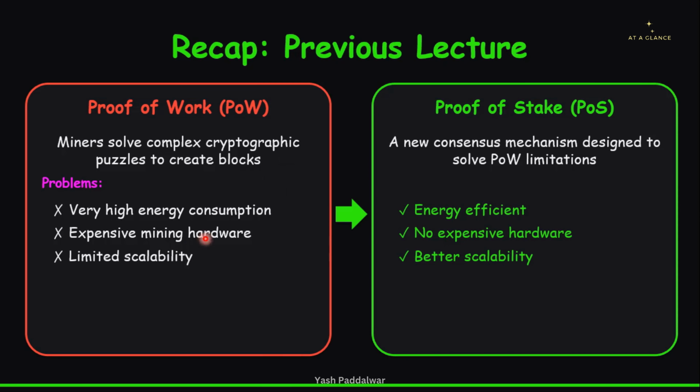So to overcome these problems, proof of stake came into existence. It is a new consensus mechanism which is designed to solve the POW limitations specifically. It is energy efficient, it doesn't require any expensive hardware, and it is more scalable than POW.